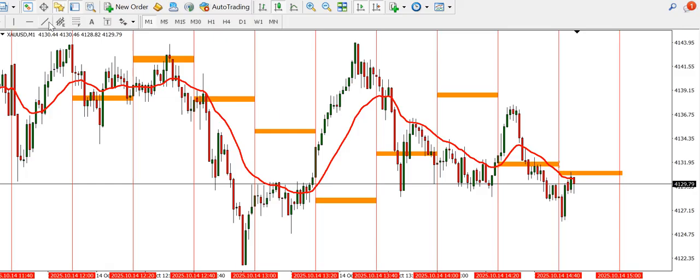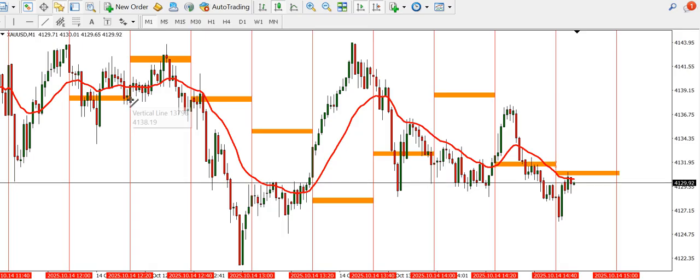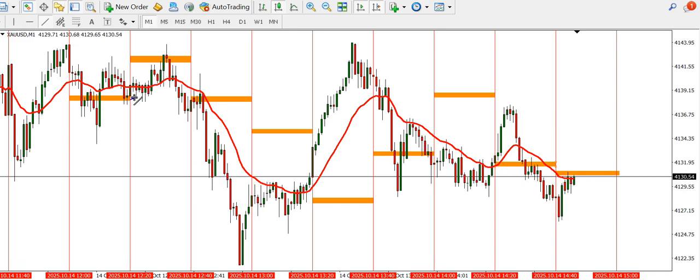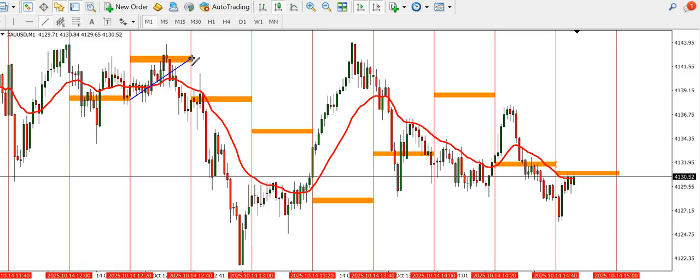All right, so the next thing to do is to connect the midpoint of the right-hand side of the support or resistance.